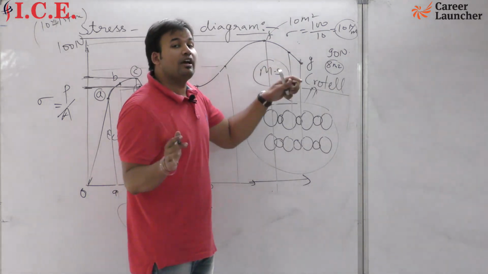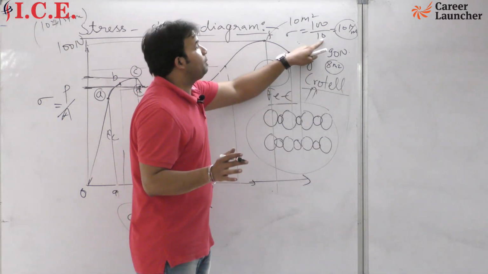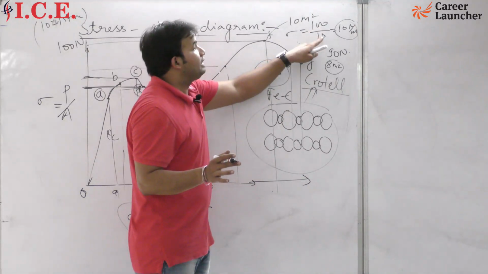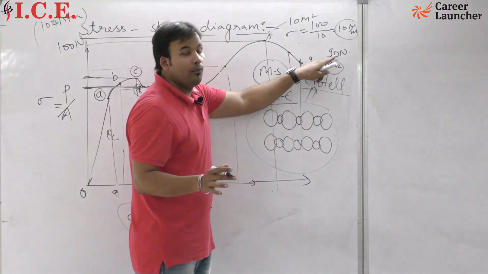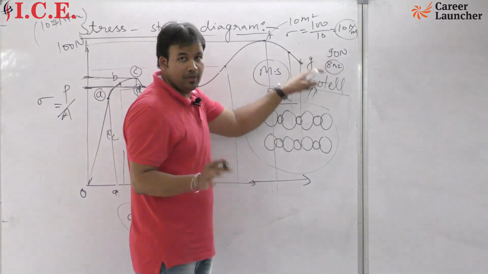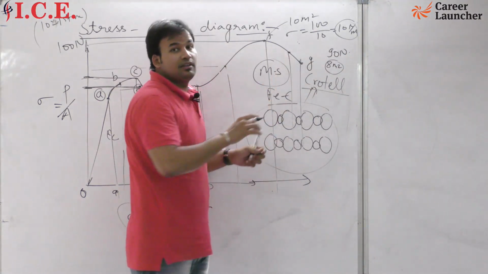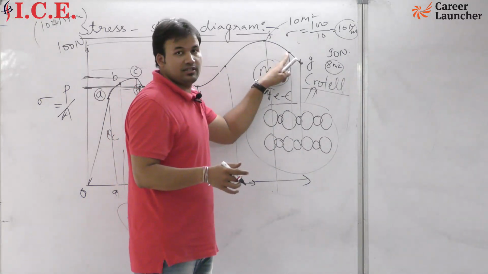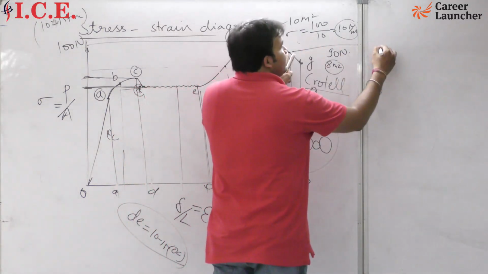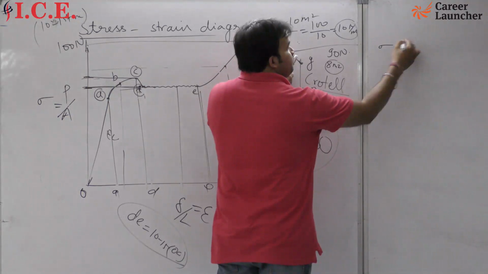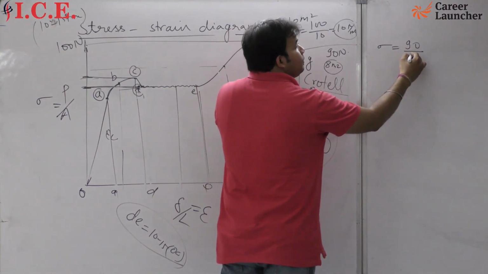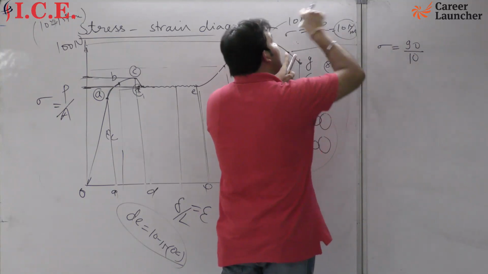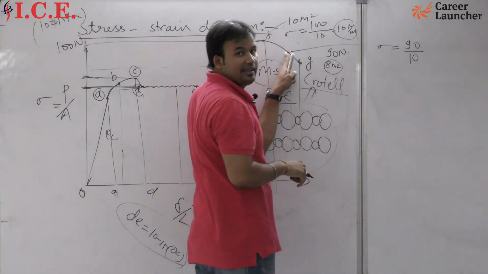So if you talk about the ratio, here you are applying a load 10 times the area, and here you are applying a load more than 10 times the area. But if you find the stress at this point, you will write that stress is load upon area, but here you will consider the original area, that is your 10 meter square initial area.